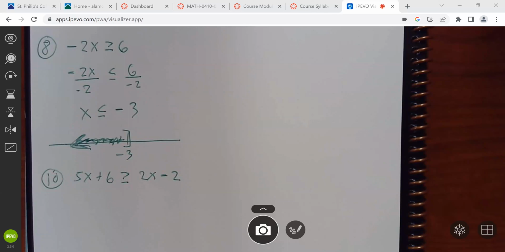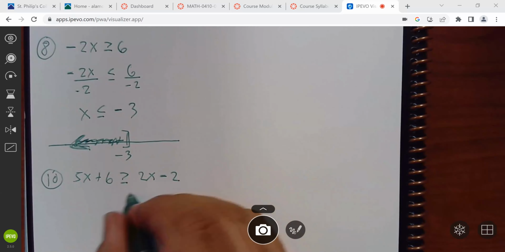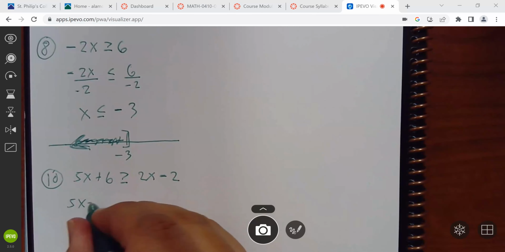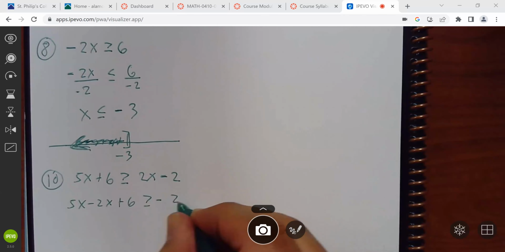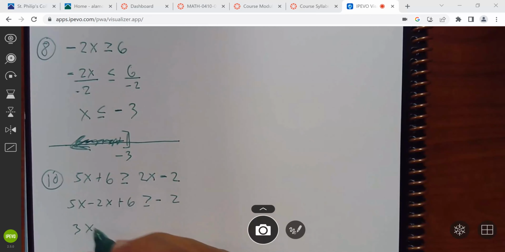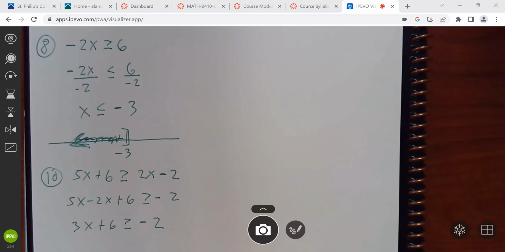You guys get it for 10? What's your first step, Cernan? Move the 2x and then the plus 6. Remove the 2x to get us to here. What's the second thing?